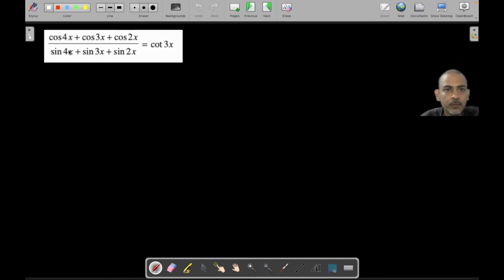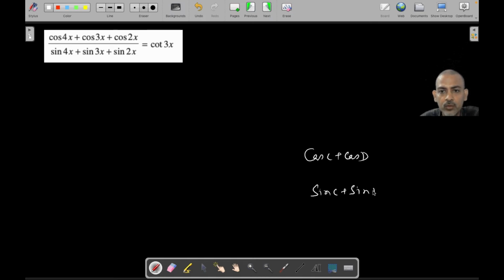My next problem is having cos 4x plus cos 3x plus cos 2x divided by sin 4x plus sin 3x plus sin 2x. Again here we have to club some of the expressions together, and we got to make use of the formula cos c plus cos d and sin c plus sin d in some manner.